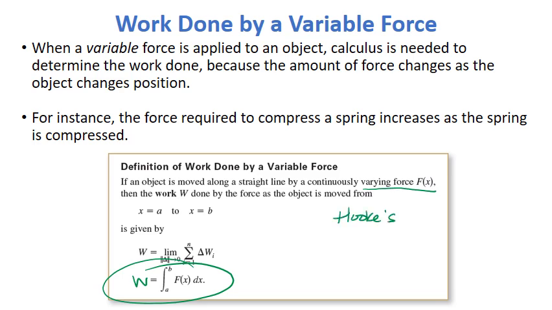If you read section 7.5, you'll find Hooke's law on page 487. It says that F is equal to K times D, where K is the spring constant.